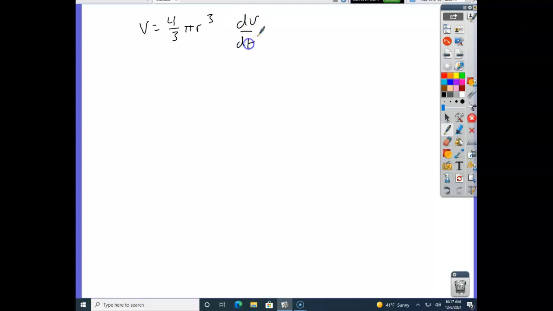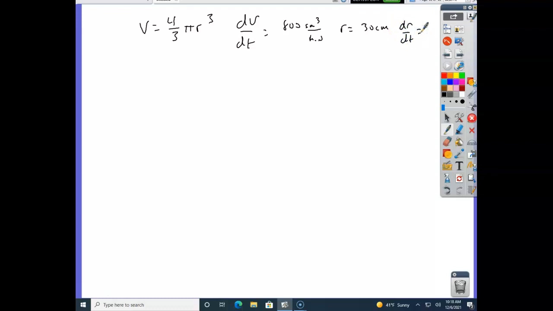So dV dt, my volume is changing at 800 cubic centimeters per minute. Agreed? Yes. Okay. What else do I know? For part A, my radius is 30 centimeters. What do I want to know? The dr over dt.